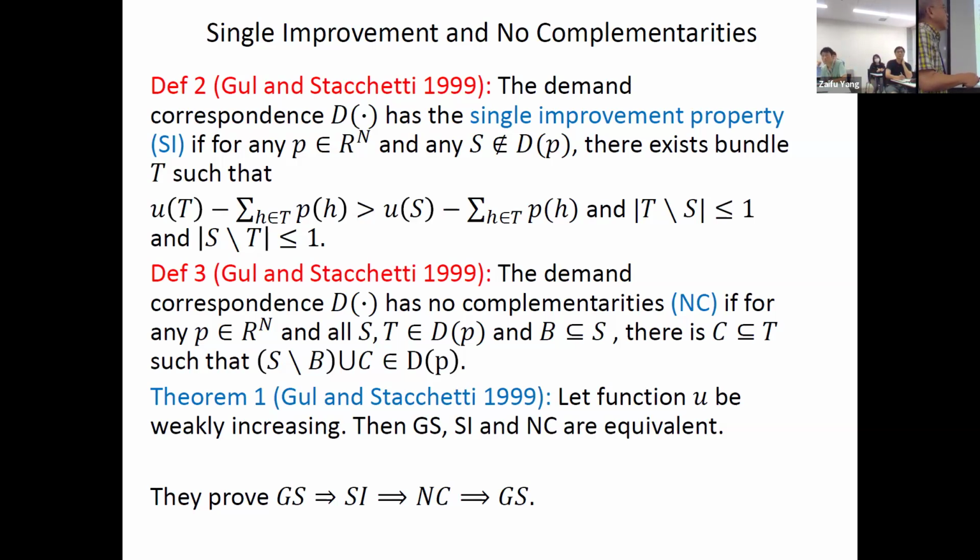You can take some atoms from T. Here you have two optimal bundles at the same price P. Now you take some atoms away from S. Of course, then this will not be optimal anymore. But in order to make this bundle optimal once again, you take some atoms from T. Then this will be optimal again.